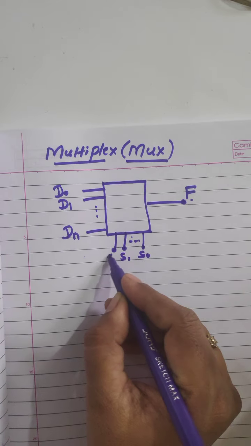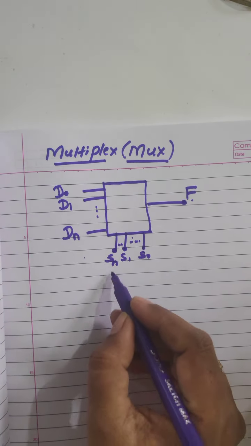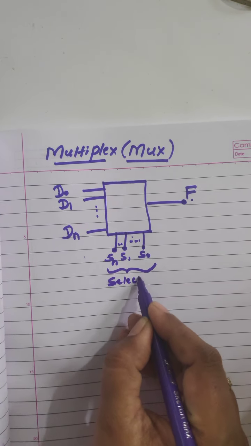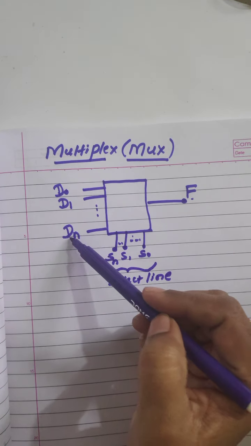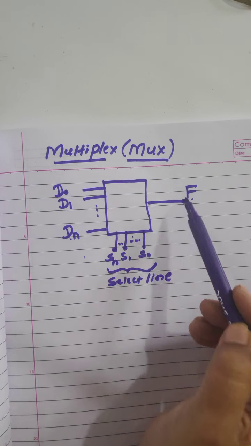So we are going to have select lines up to Sn, to select one of the inputs to appear at the output.